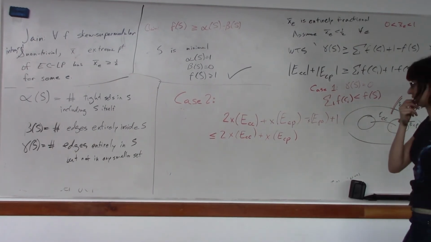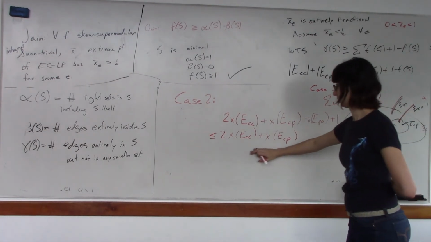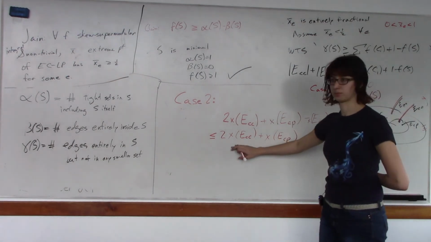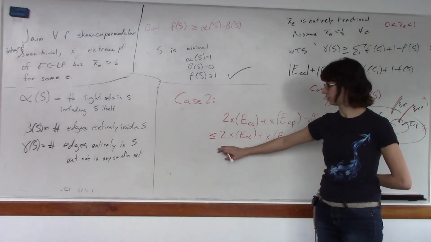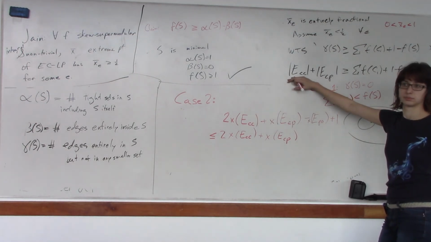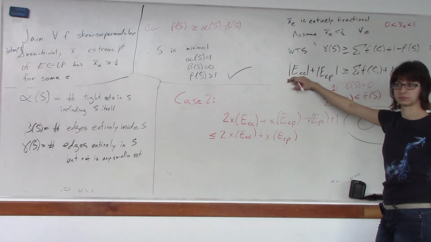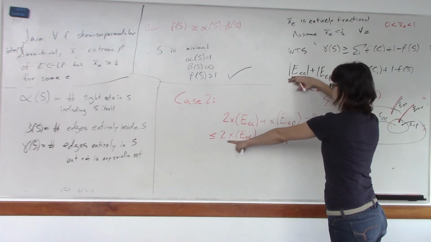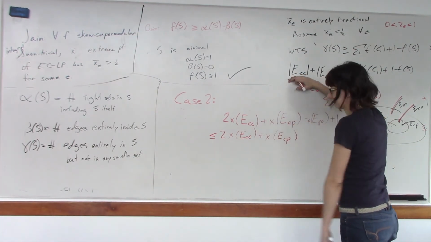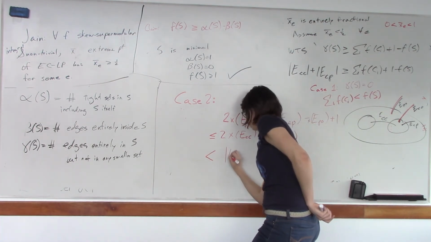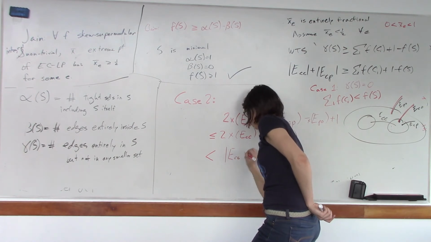And this right here, this is the same argument we made before. How much stuff is here compared to ECC? I'm comparing 2 times x of ECC to... That's less. Yep. So this is strictly less than ECC.